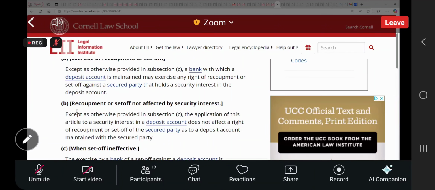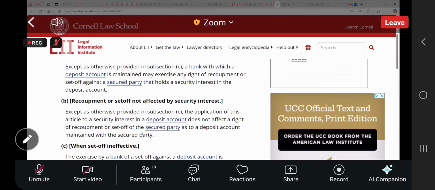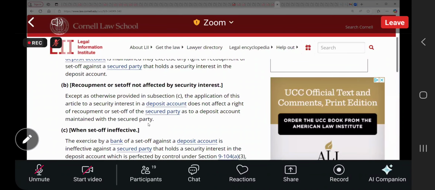Look at B. Recoupment or set-off not affected by a security interest. Except as otherwise provided in subsection C, the application of this article to a security interest in a deposit account does not affect a right of recoupment or set-off of the secured party as to a deposit account maintained with the secured party.